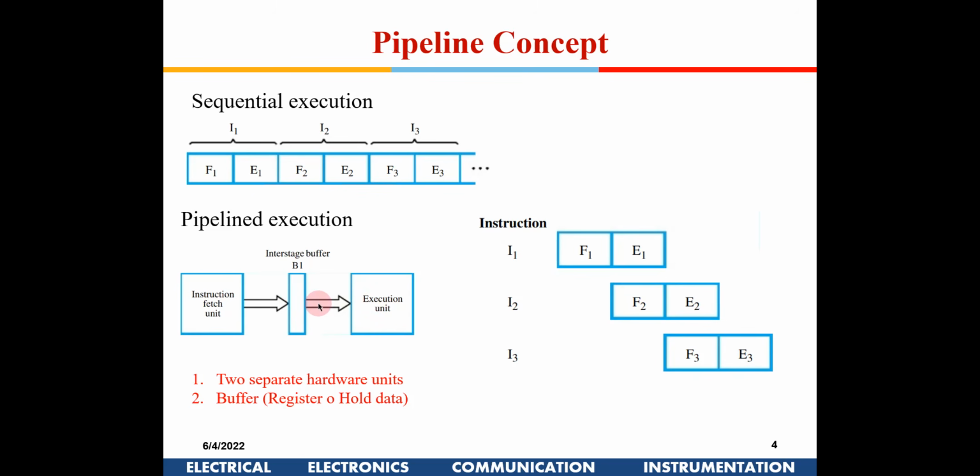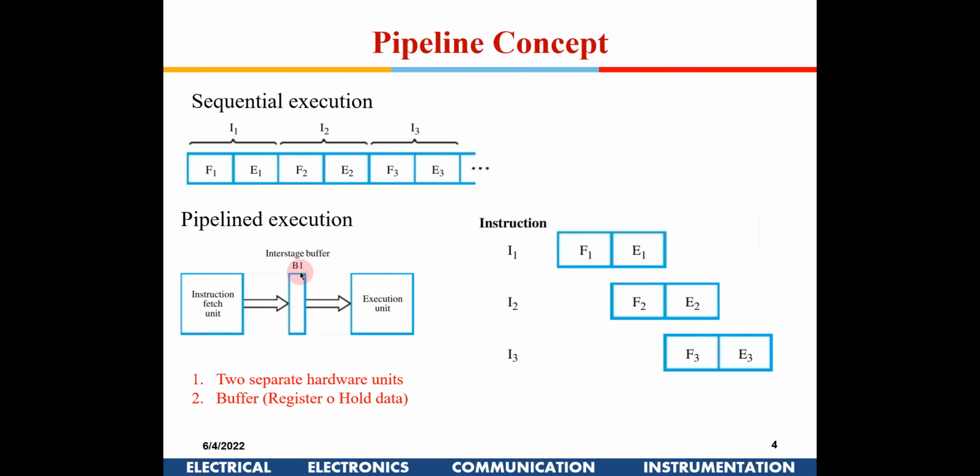So whatever instruction was given earlier for a particular cycle needs to remain constant till the execution unit completes the task. Parallelly, the instruction unit is also working, but at the initial, when the cycle has initiated, whatever the instruction unit has given, that data needs to be kept constant for the execution unit to complete that task.